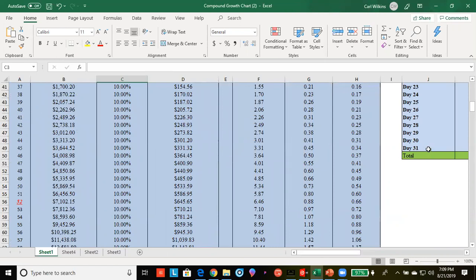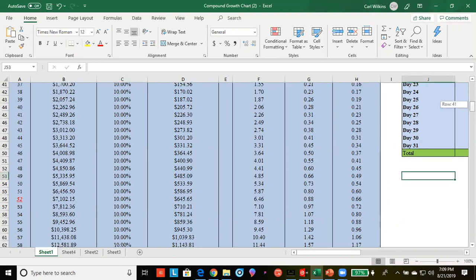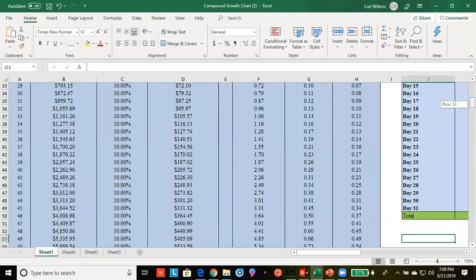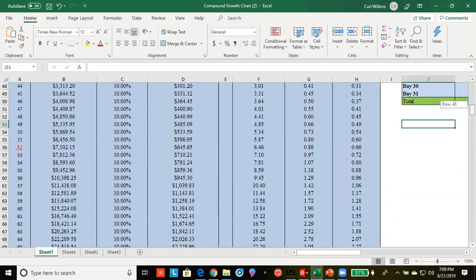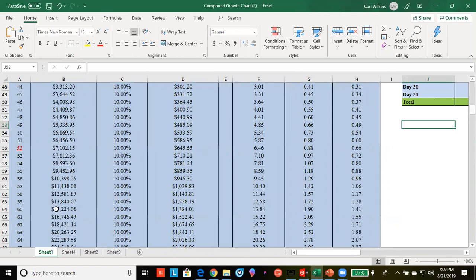So that's day 31, or trade number 31, on a $50 account. And if we were to be a little bit more patient, let's go to trade number 60. Trade number 60, we're looking at $15,000 off a $50 account. 10% growth a day. Pretty good, right?